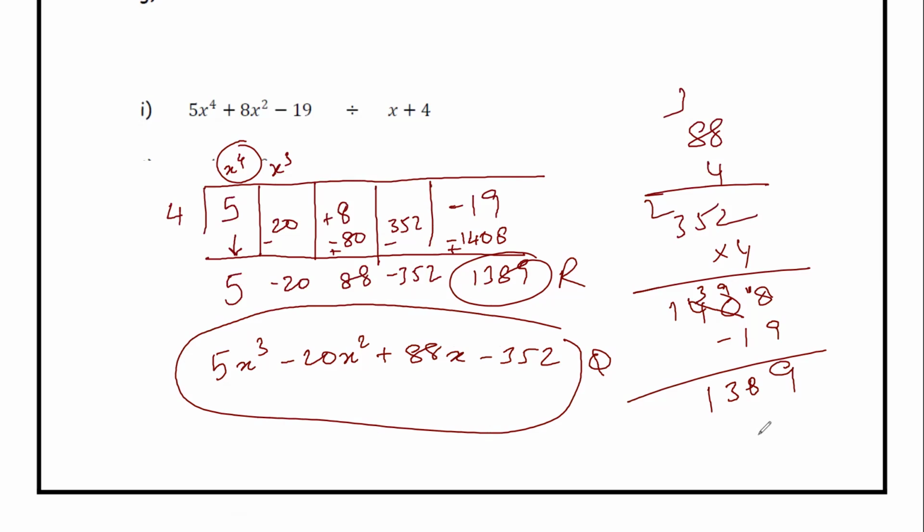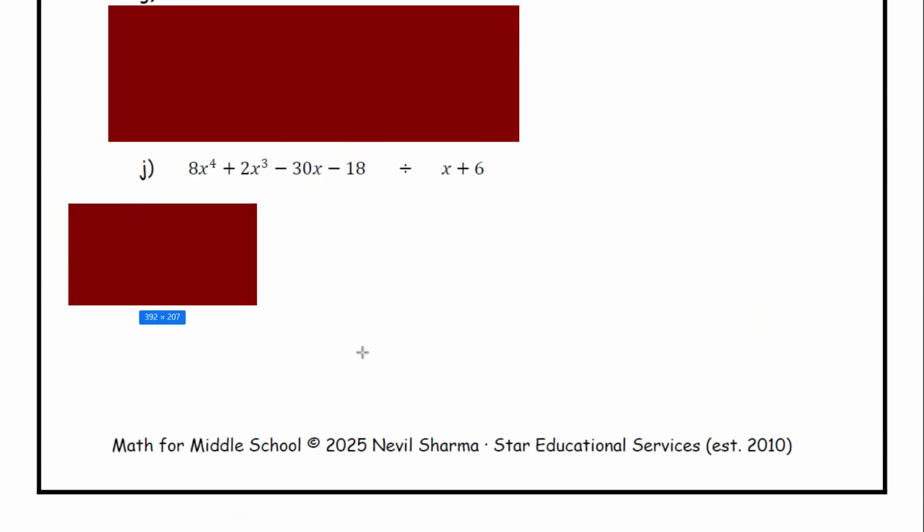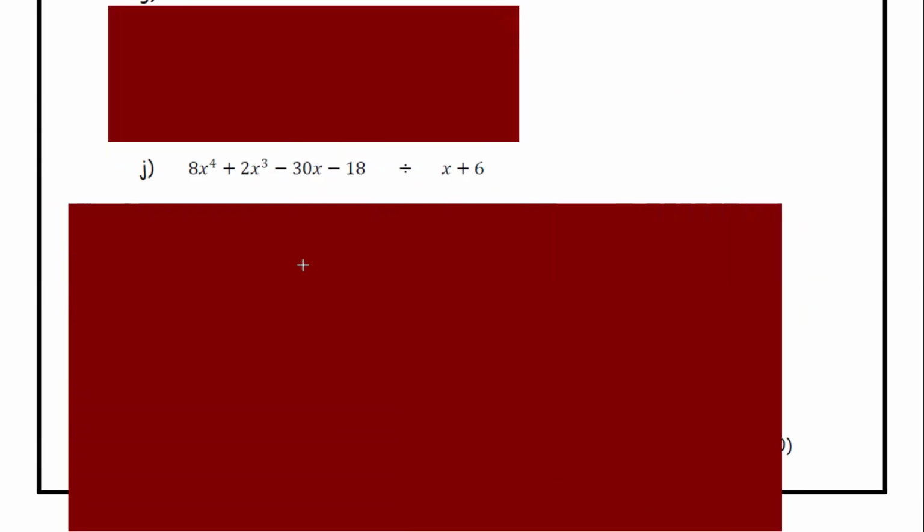Okay, that's it. And the last question for the day. Sleeping 7, 6 out here because you take the non-x value, and you got 8, and then leave a gap down there also.